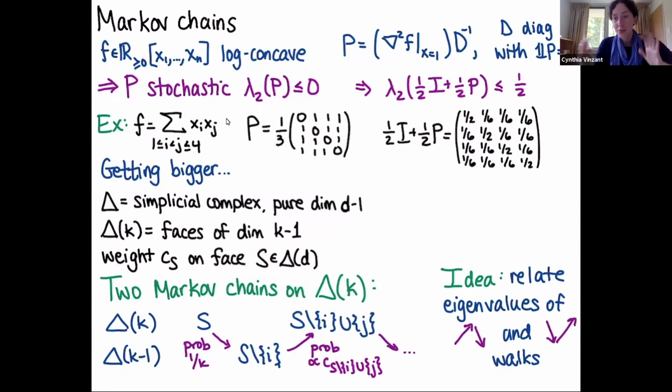One can precisely bound what happens to the eigenvalues of all of these things. And somewhere in this, the transition matrices look like lazified versions of the Hessians you get from the Hessians of your polynomials and its derivatives.